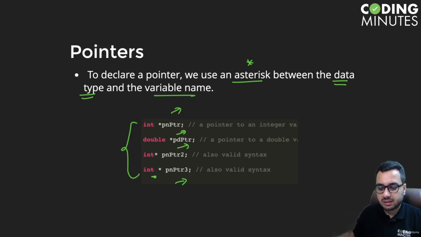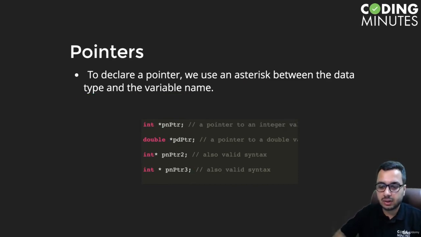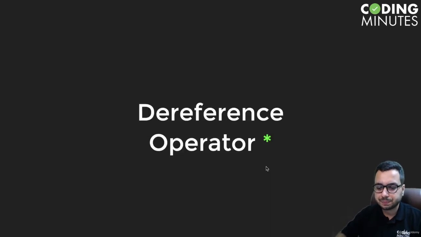Regarding the spaces, you can have a space between int and star and the variable name as well, or you can write it like this: int star followed by a space and the variable name. So spacing is not important. You can put space anywhere.